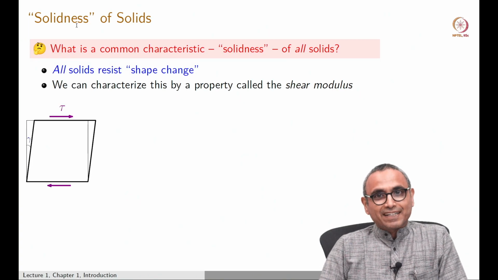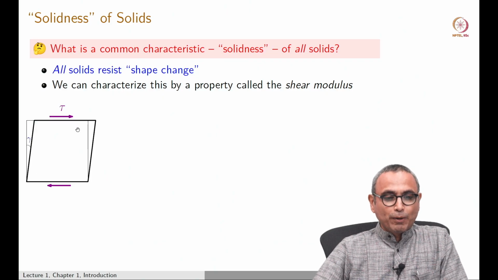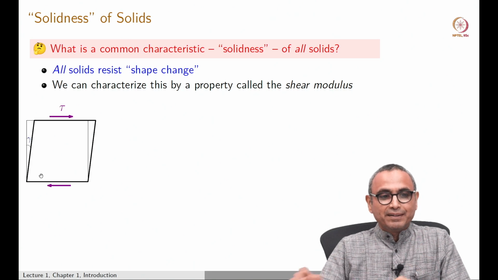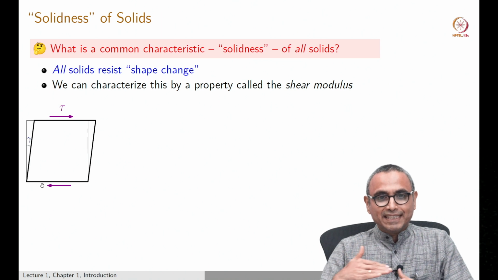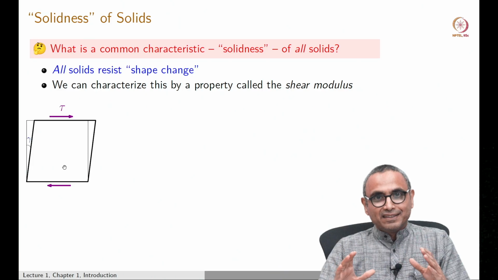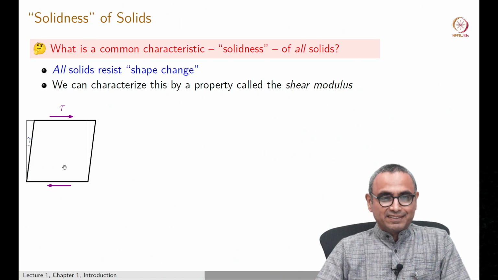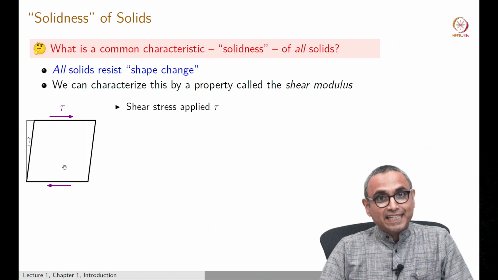So how can we characterize this? So imagine that I have something like a cube of a solid, and I try to change its shape by applying some shear stresses on it. So I change the shape of this cube by applying certain shear stresses. How do I characterize the change of shape?